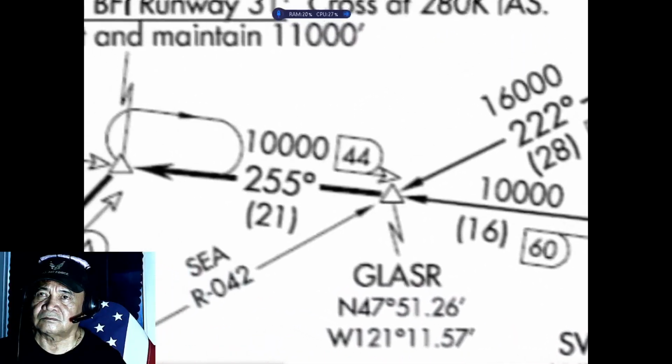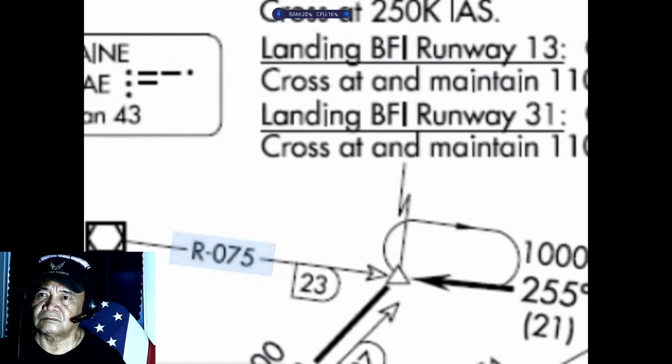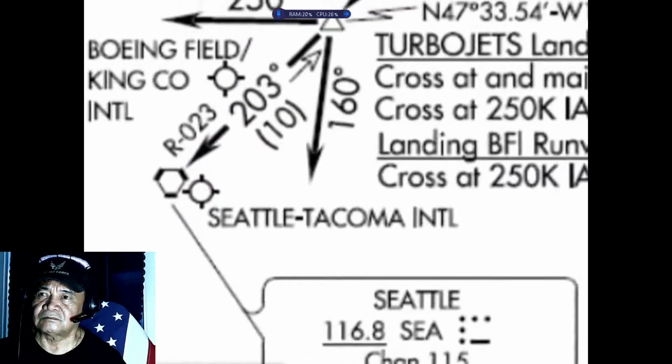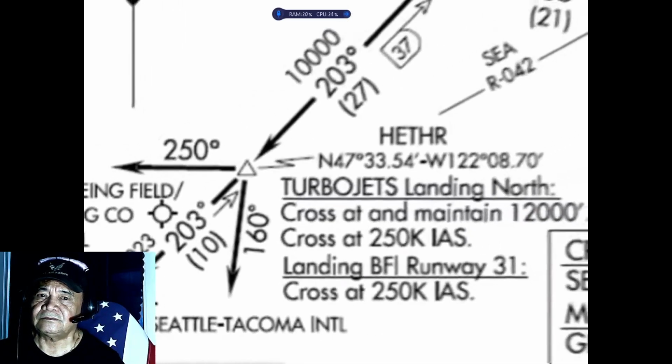From the Glasser intersection via PAE 075 to Jackson, via the SEA radial 023 to the Heather DME. Thank God for the FMC. Try flying this approach using only VOR navigation and you will appreciate how easy we have it.